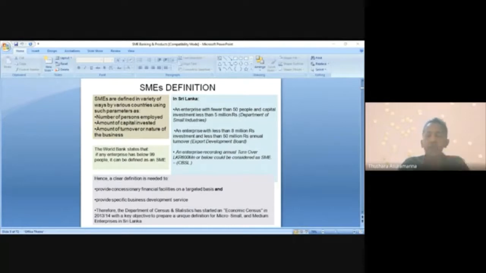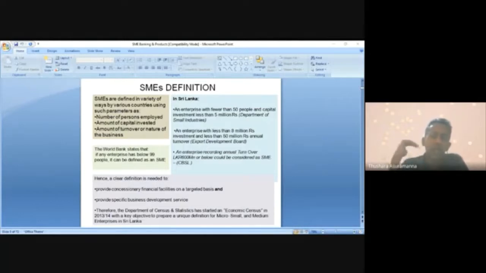Now, what's the current definition? As Ravin mentioned, it is 750 million or below. Annual business turnover of 750 million or below is categorized as SME, which has been vetted by the Central Bank of Sri Lanka and put forward by the Industries and Commerce Ministry.